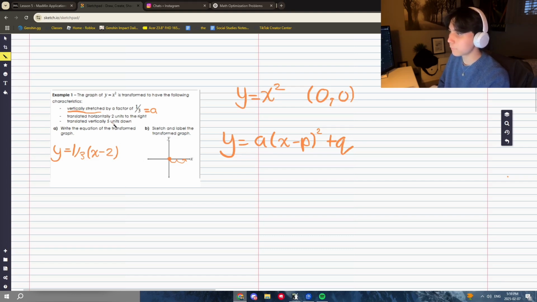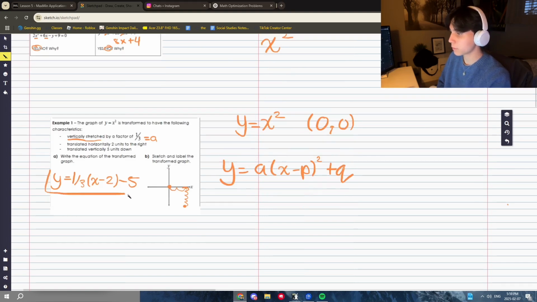And if it's translated 5 units down, we're just going to go 1, 2, 3, 4, 5. This is all approximate, of course. And our q value is going to be negative 5. So now this equation should represent all the translations of y equals x squared that the question is describing.